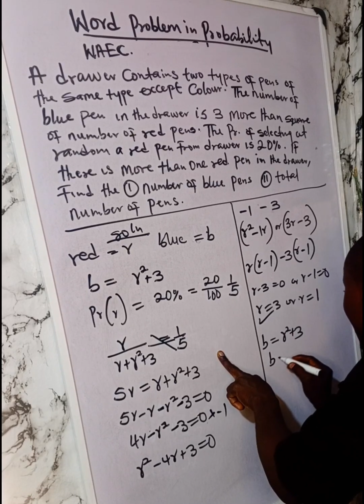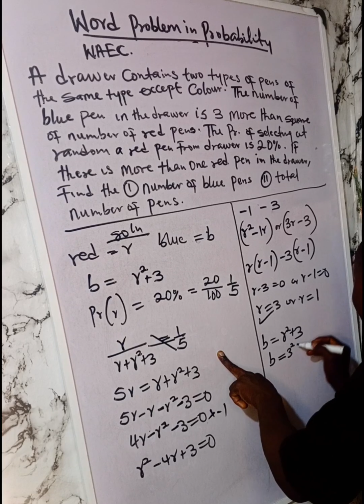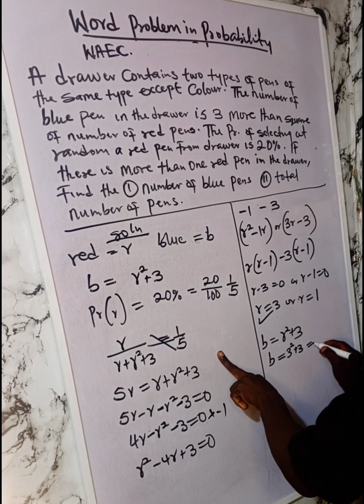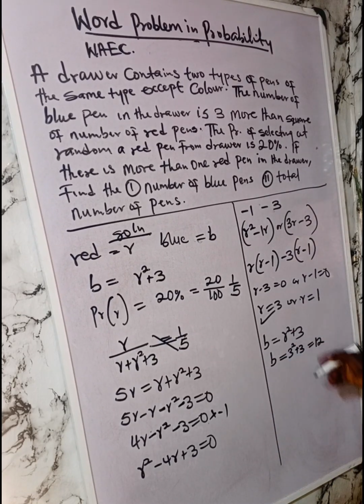So blue equals 3 squared plus 3, and everything will give us 12, because 3 squared is 9, and 9 plus 3 is 12.